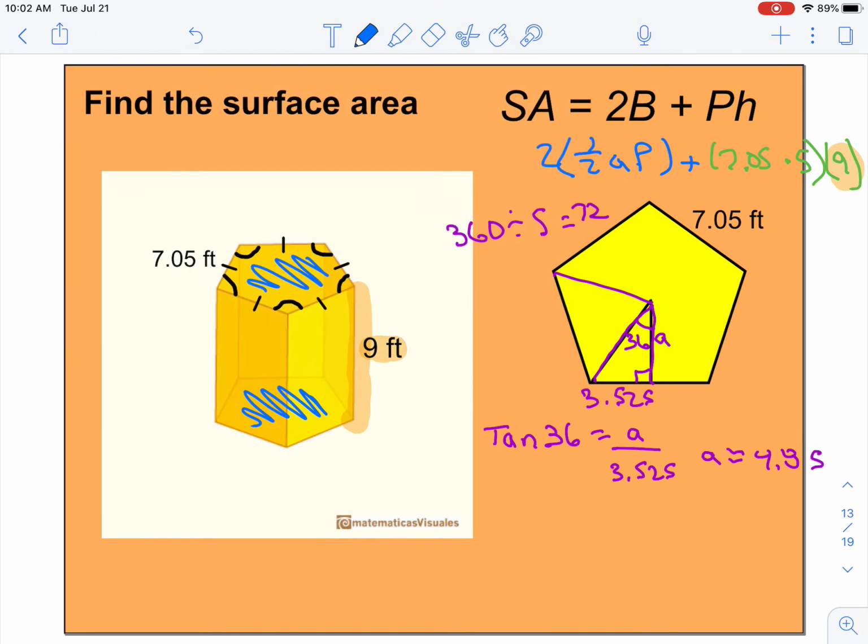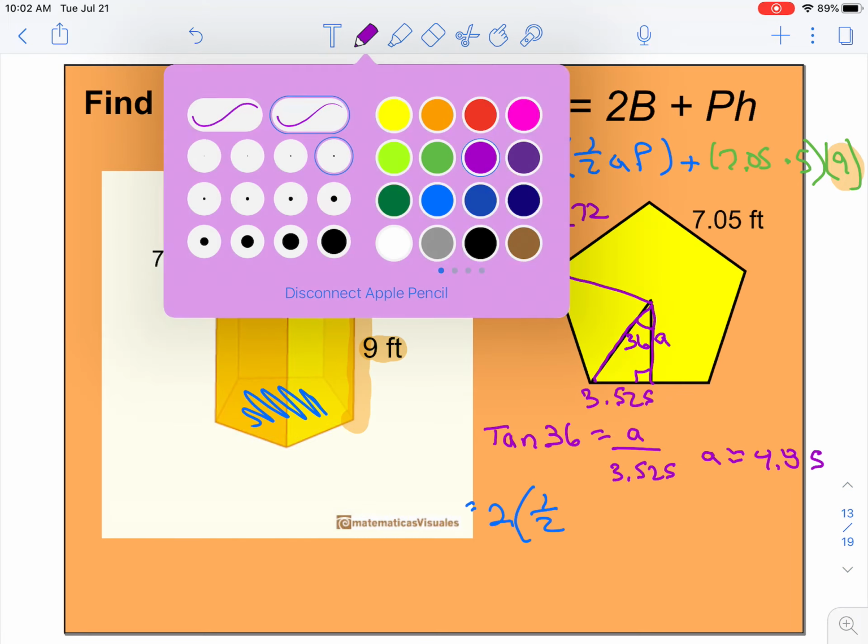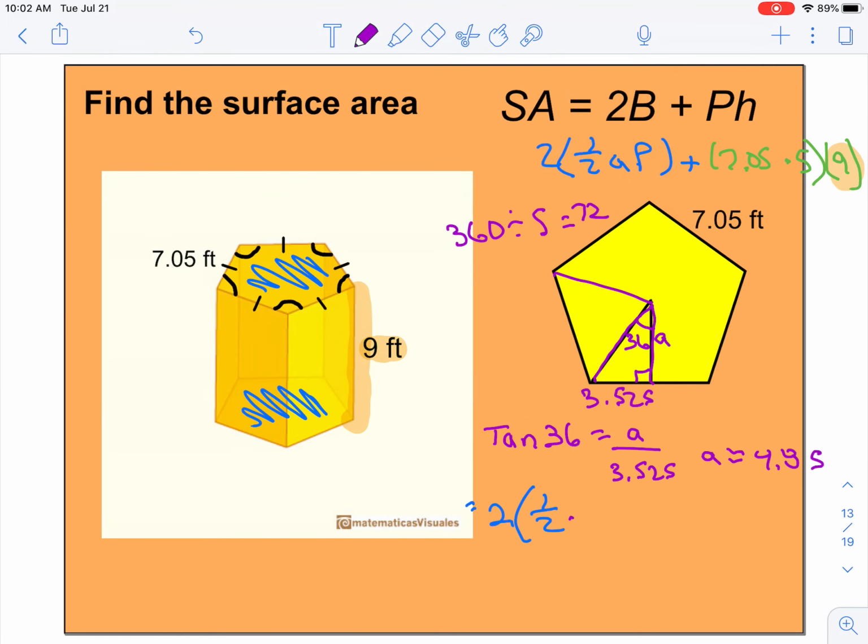So now, if I rewrite this down here, I have 2 times 1/2 the apothem, which I just found, is 4.85 times the perimeter, and the perimeter is 7.05 times 5.